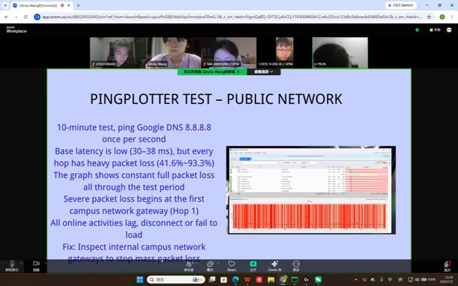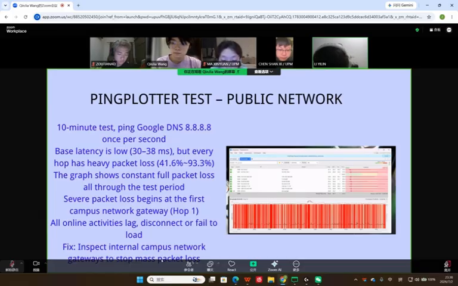Continuous full packet loss appears throughout the whole test. The serious packet loss starts right at the first campus gateway, hop 1. All online activities heavily get disconnected or fail to load completely. To fix this, we need to check and repair the campus internal gateway to stop massive packet loss.